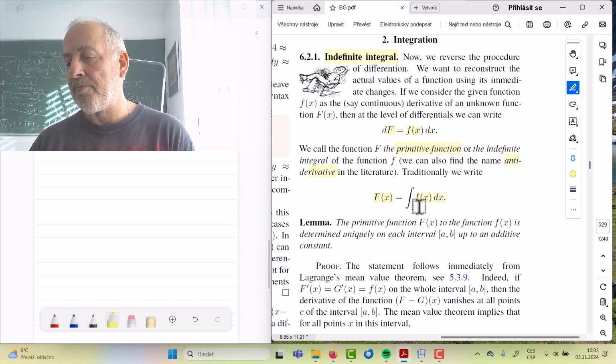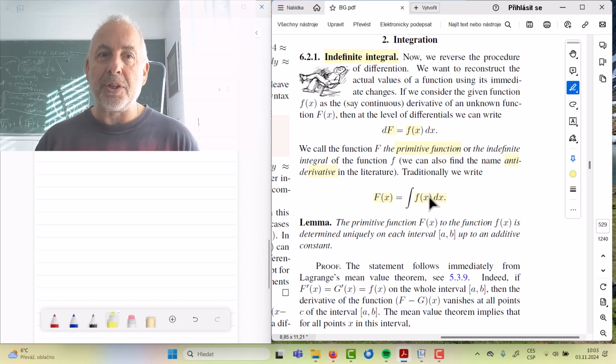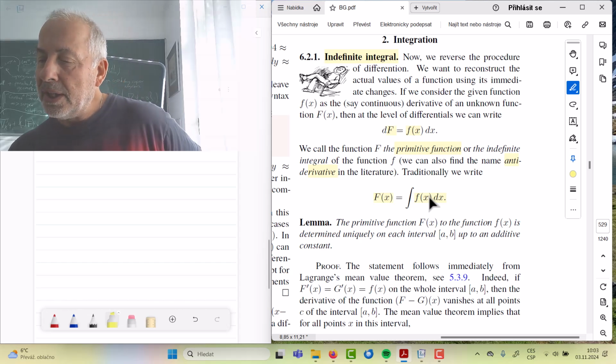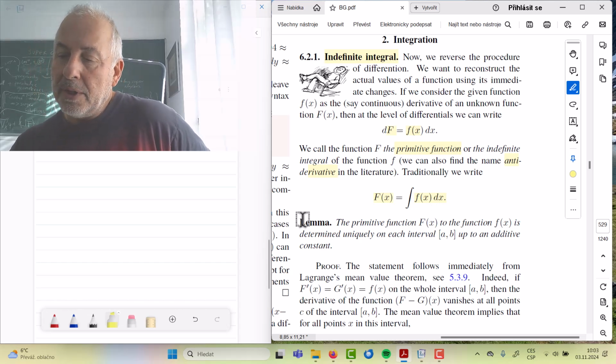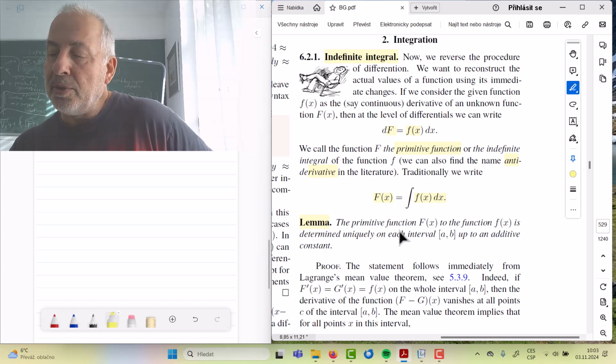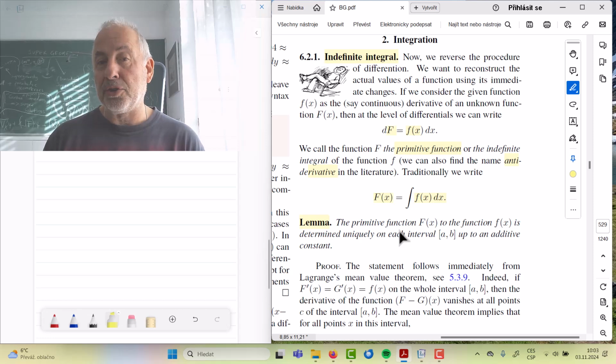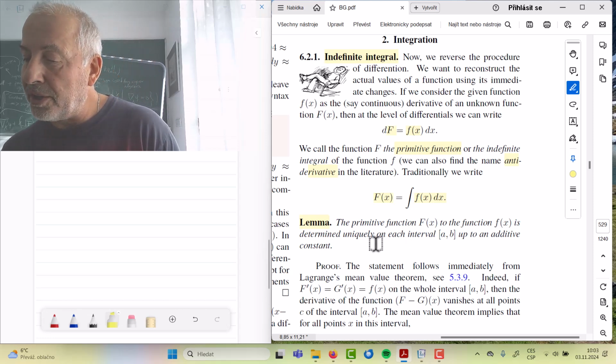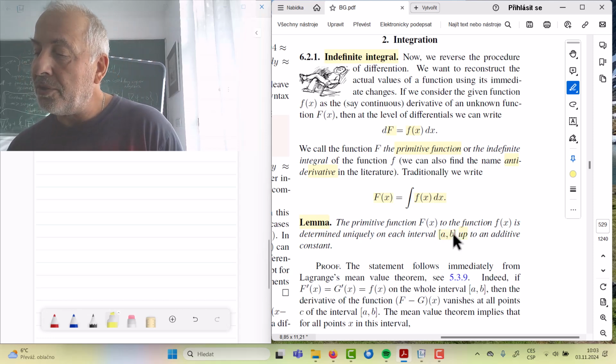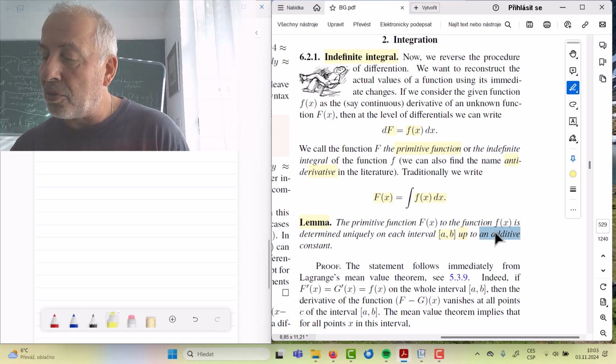And of course the x is the same on both sides in this case, but we shall come back to this later. And a simple observation is that the primitive function is nearly well defined if it exists, because it's defined on each interval uniquely up to an additive constant.